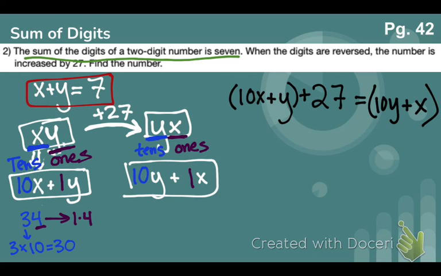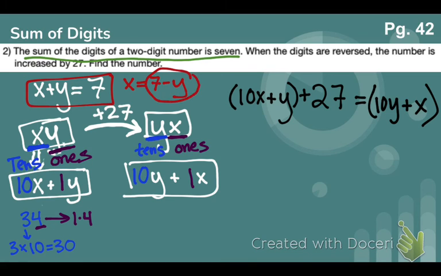So if we want to substitute, how can we change this first equation to help us substitute? Subtract y. Great. So we're going to end up with 7 minus y equals x.